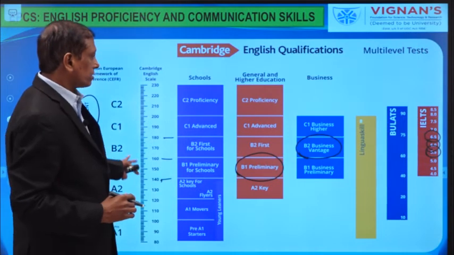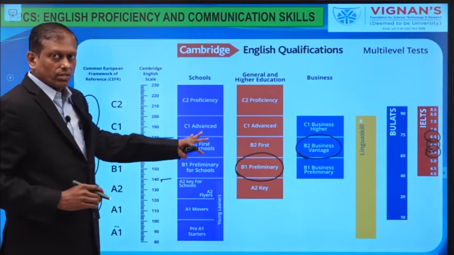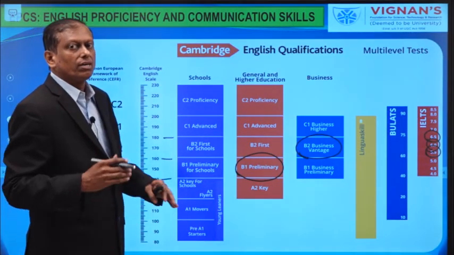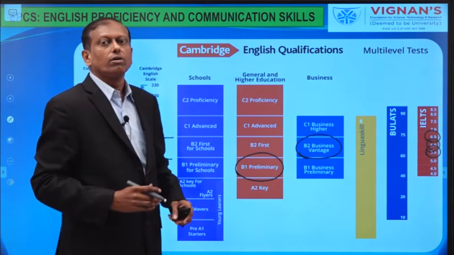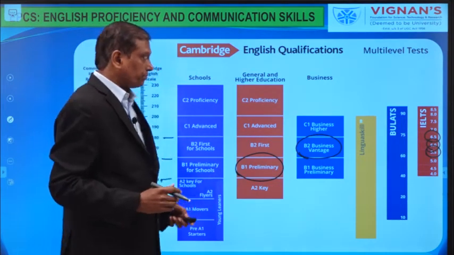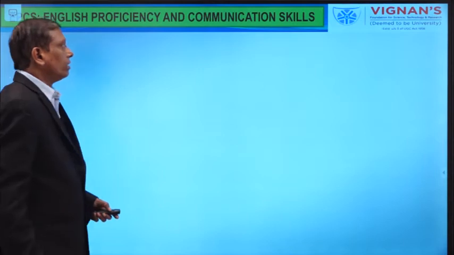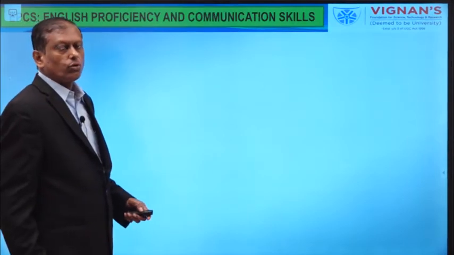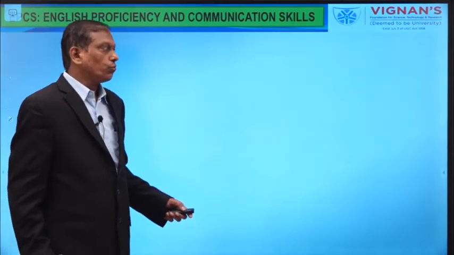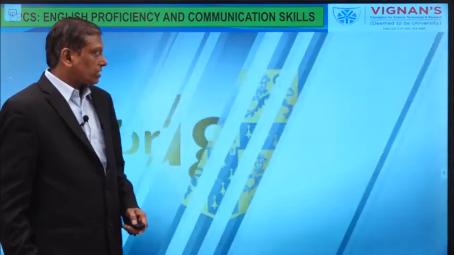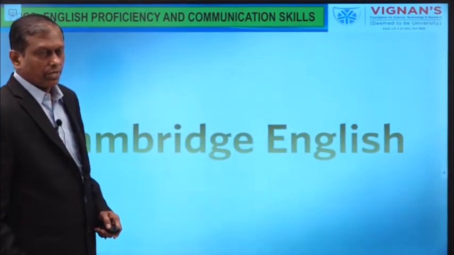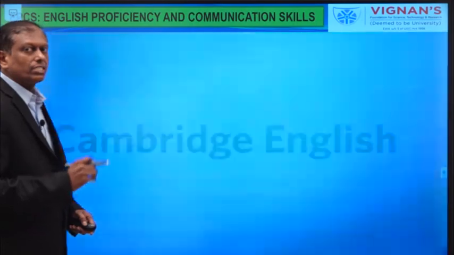And this is the plan that we have for making our students eligible for international competition. Now let us watch this video which clearly explains the scale of Cambridge, various marks ranges and its use.